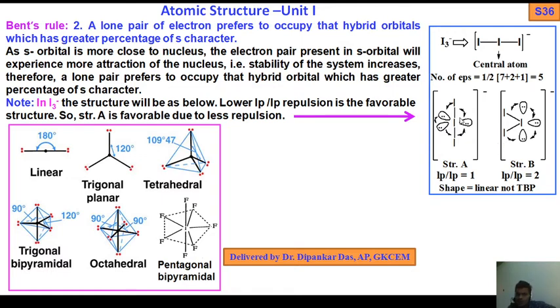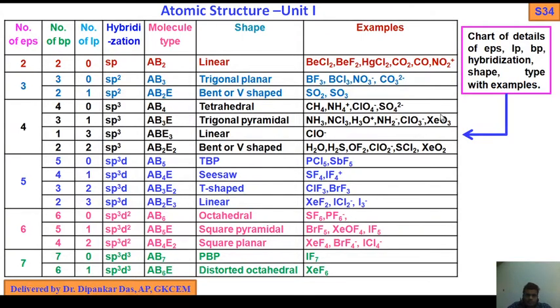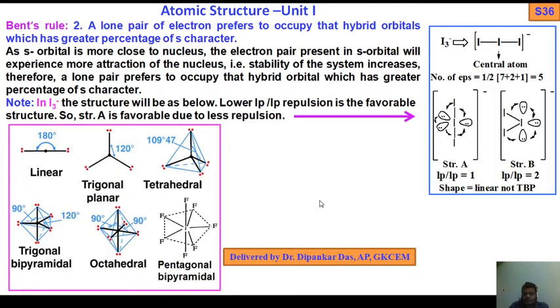But what will happen? Out of 5 electron pairs, 2 are bond pairs and 3 are lone pairs. If 2 bond pairs and 3 lone pairs, sp3d, the structure is linear. Here I3 minus, ICl2 minus, XeF2 are examples. That's why here structure A. This is the equatorial, this is the axial.